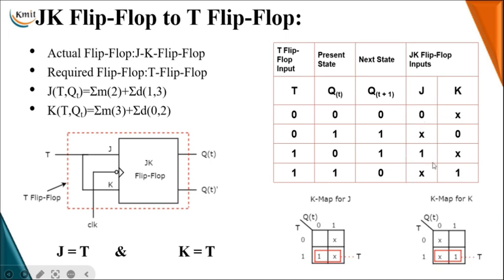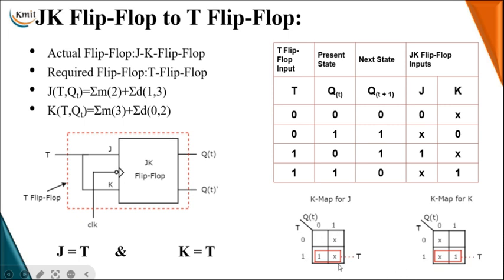Then we write the standard SOP expressions for J in terms of T and Qn, which has only one minterm and two don't cares: J equals sigma m of 2 plus sigma d of 1, 3. In the same manner, K has only one minterm, which is 3, and two don't cares, 0 and 2.